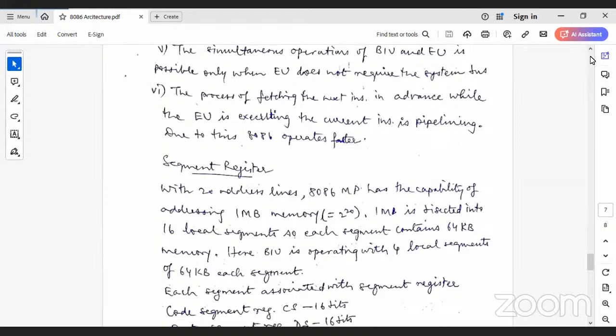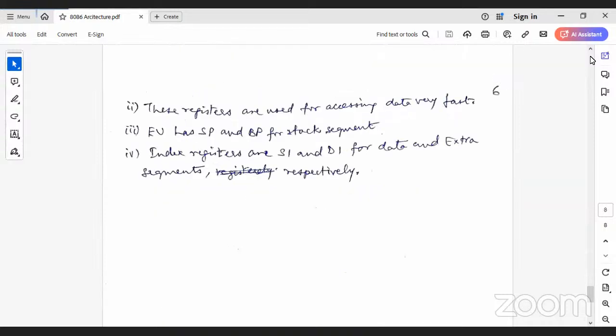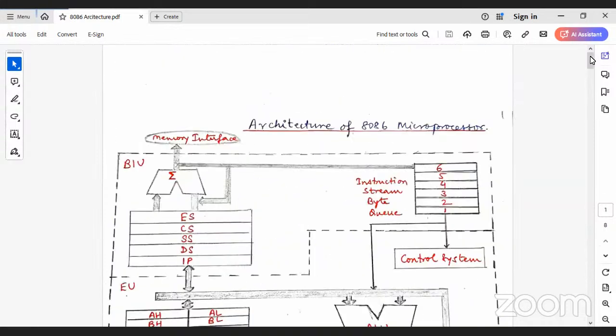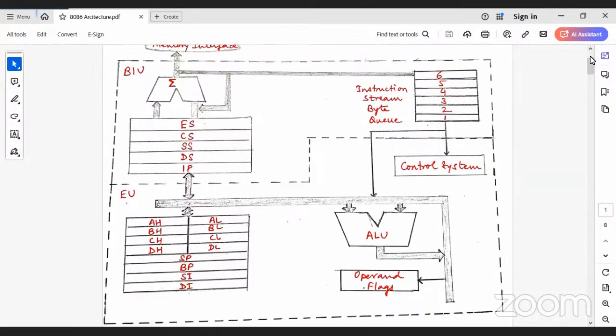Then other than the general purpose registers, in the block diagram you are also having SP, the stack pointer, and base pointer, and then you are also having index registers, that is SI and DI.